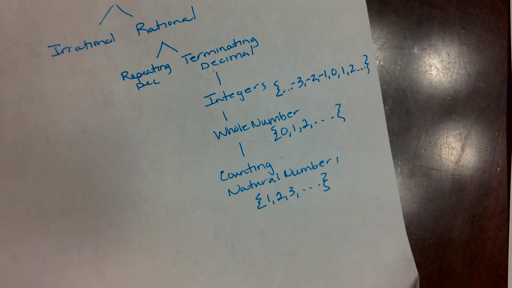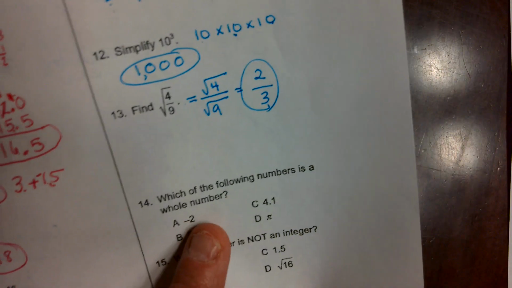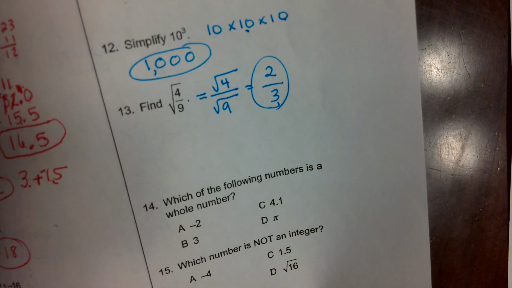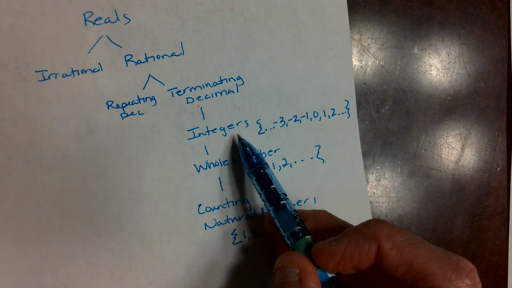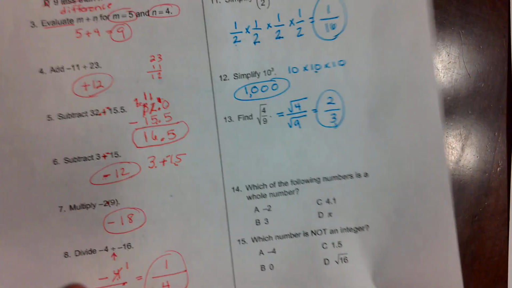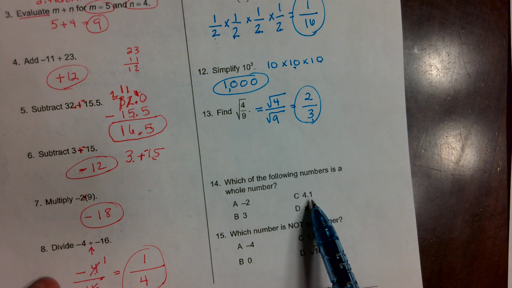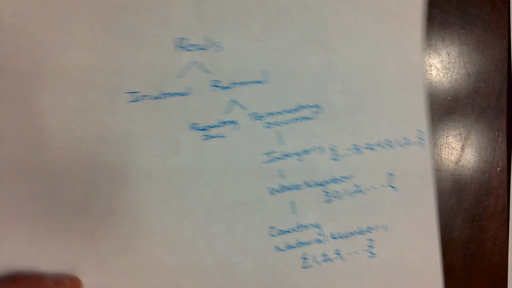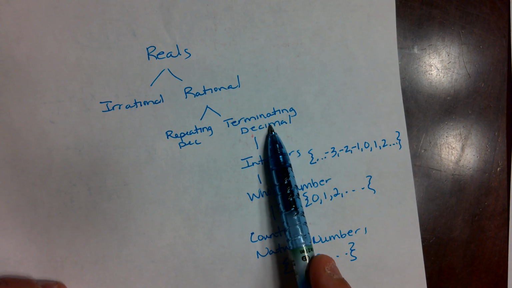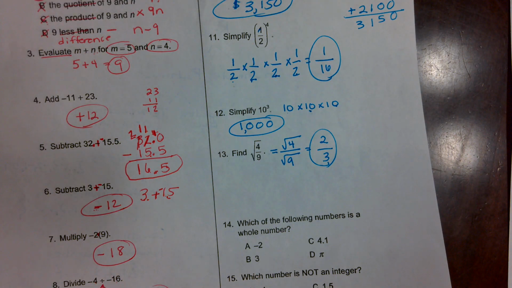So now let's see what was the question. Which of the following is a whole number? So -2, let's look. Nope, -2 is an integer and up. 4.1. Nope, 4.1 would fall where? Terminating decimal. 3.